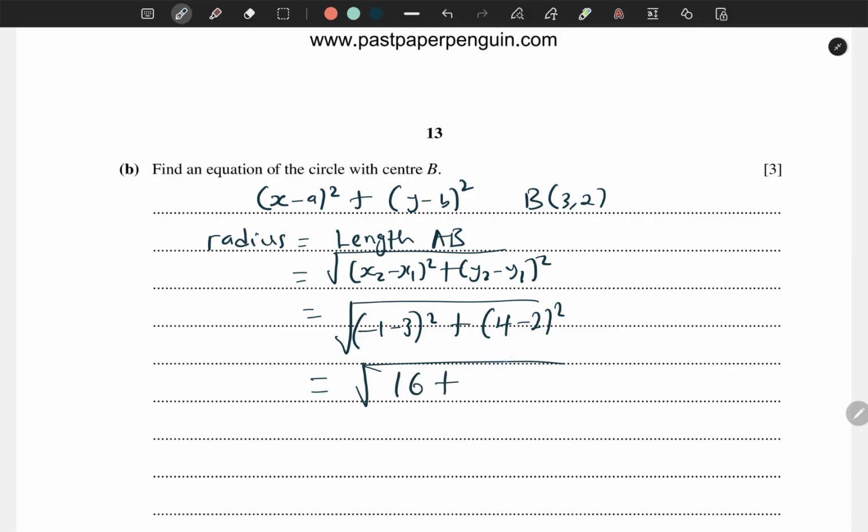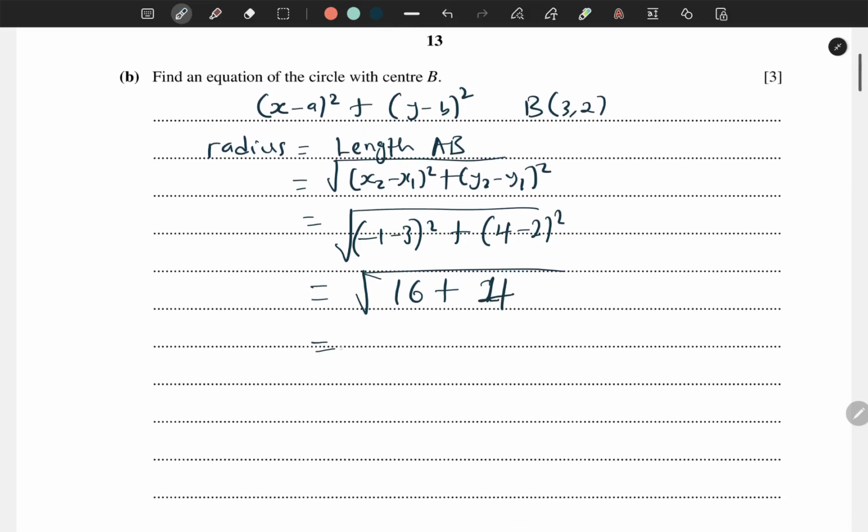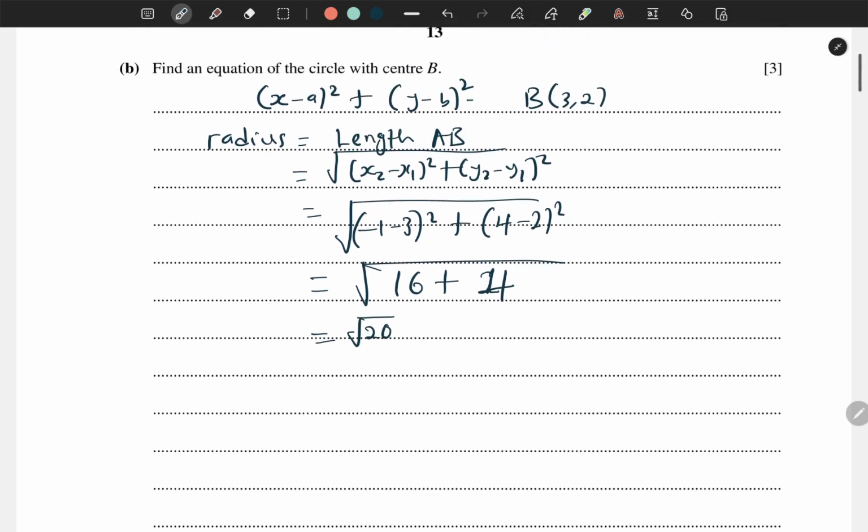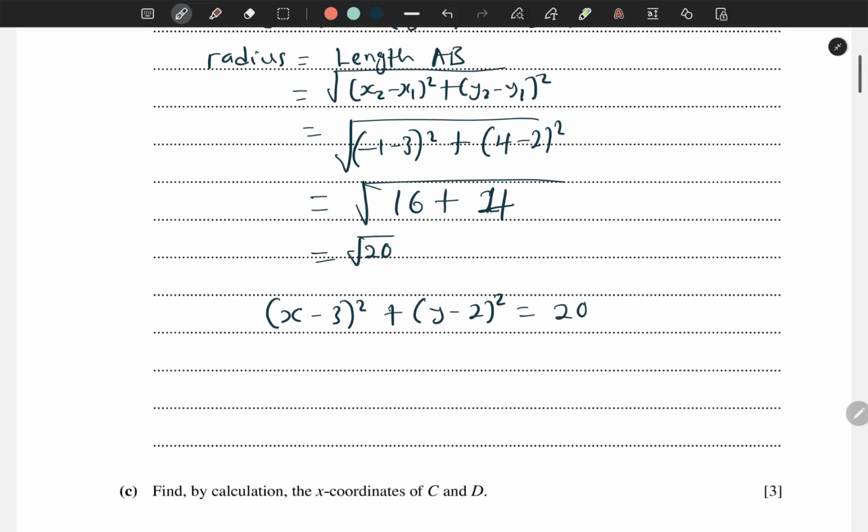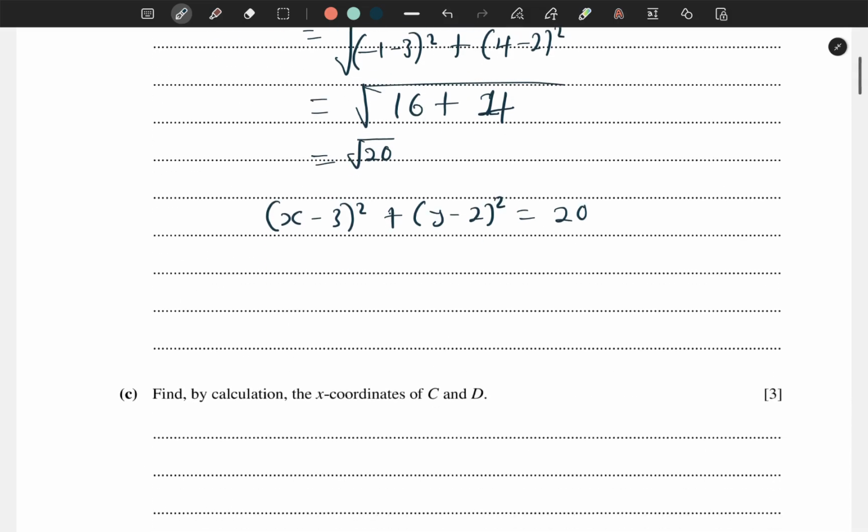And 4 minus 2 gives us 2, and 2 squared is 4. So we therefore have the radius to be the square root of 20. Make the substitution in this formula. This is the equation of the circle: (x minus 3) squared plus (y minus 2) squared equals r squared, and r squared is going to be 20. And that is the equation of the circle with center B.